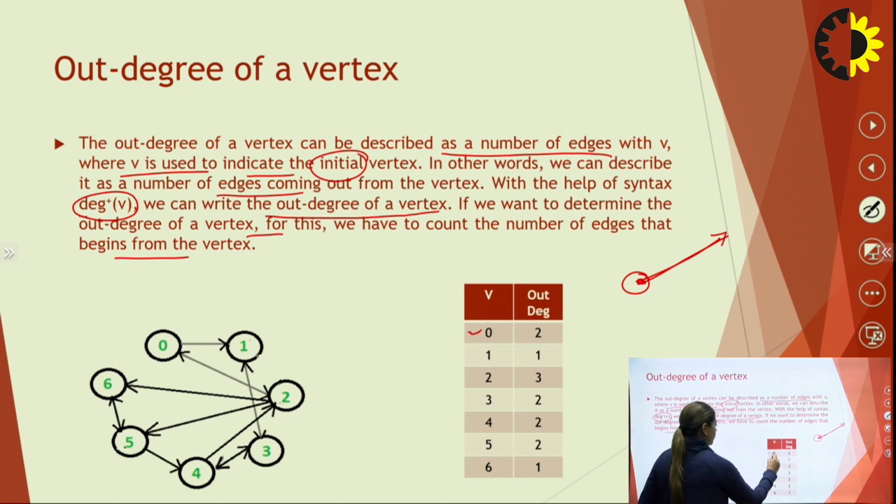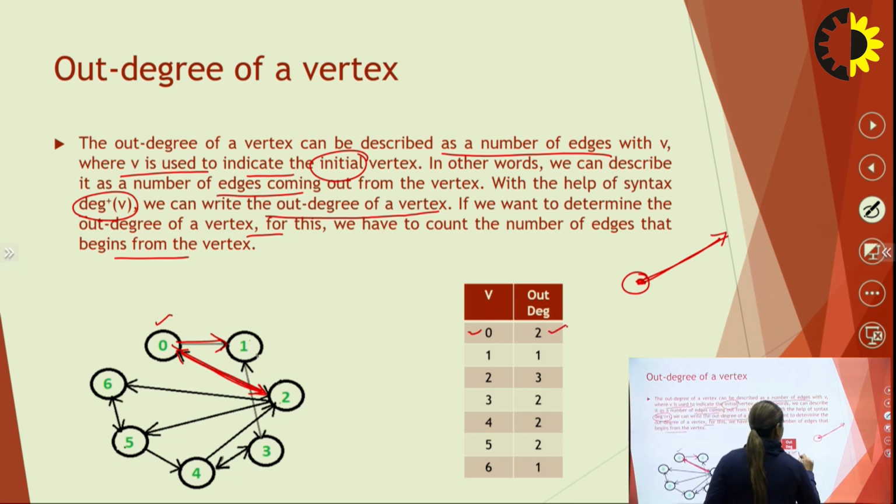Now for 0, let's come to 0. Now if we consider this edge, right, this is in also, this is out also, so this will be counted in that also, here also we will count this, right? So we are counting the out degrees, this will be counted here 1 and this is 2. They are moving out from 0.